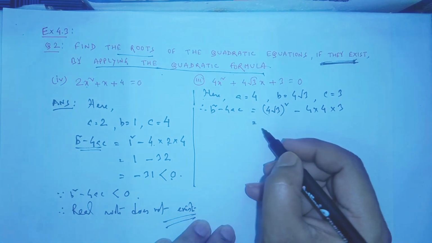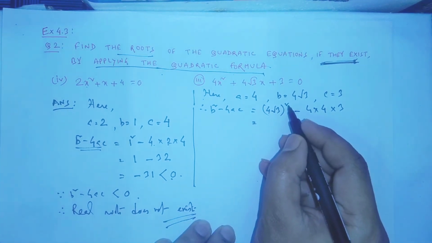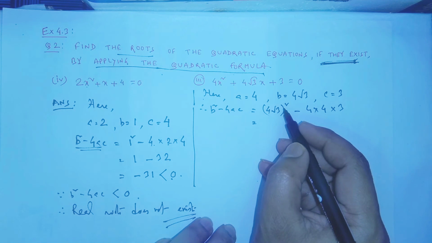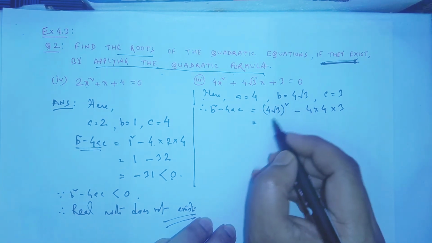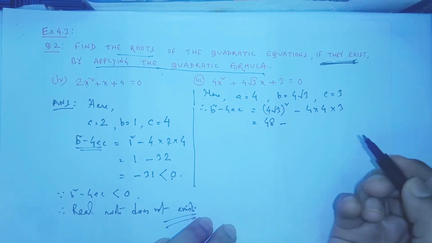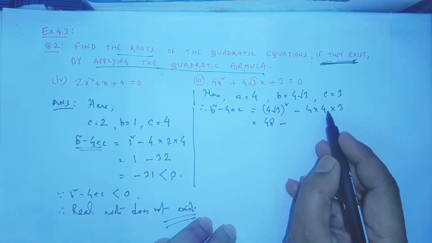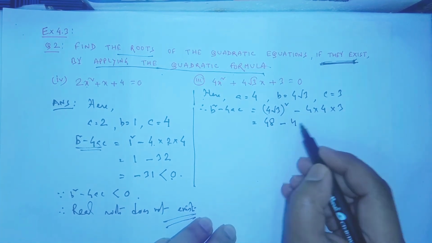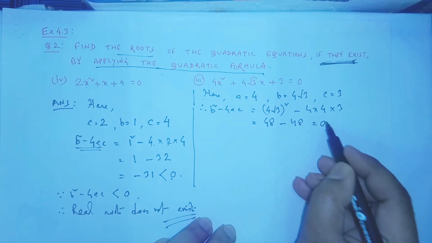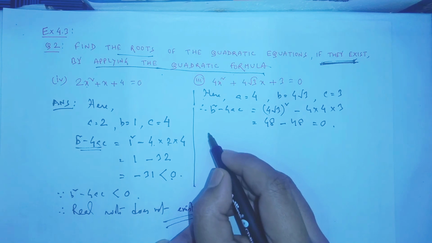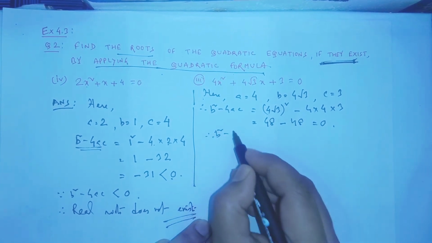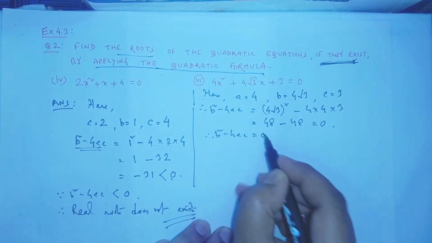I am doing the calculation directly. 4 squared is 16, root 3 squared is 3, 16 threes are 48, minus again 4 fours are 16, 16 threes are 48, so 48 minus 48 is 0. So we are getting b square minus 4ac equal to 0.